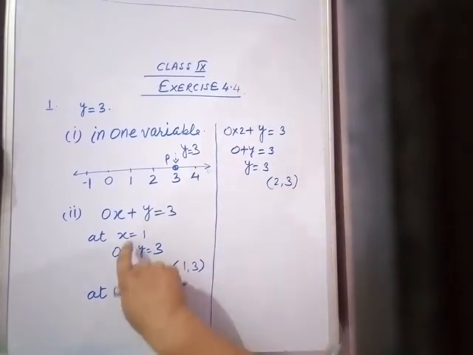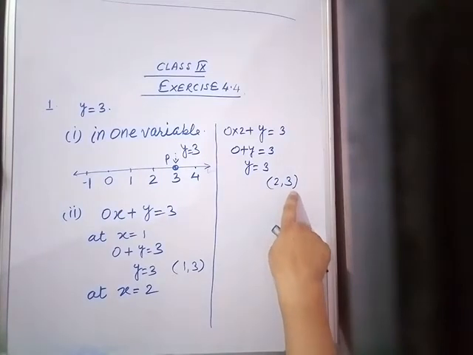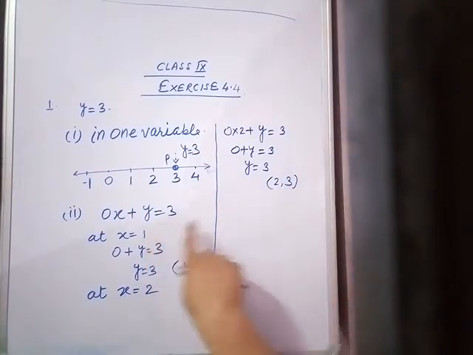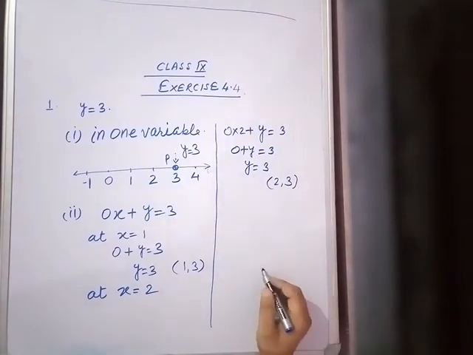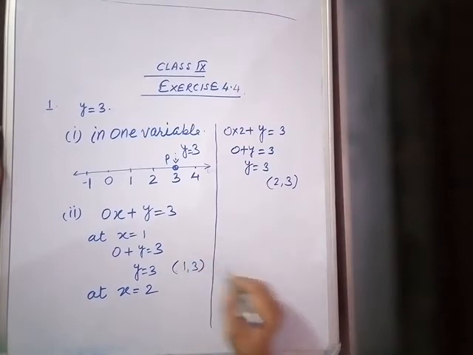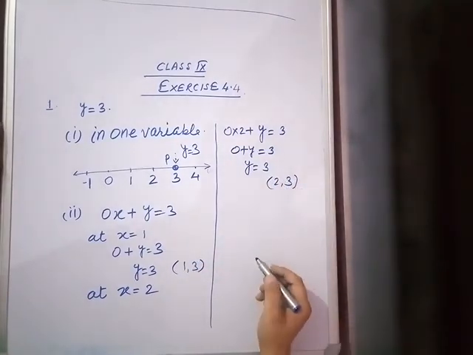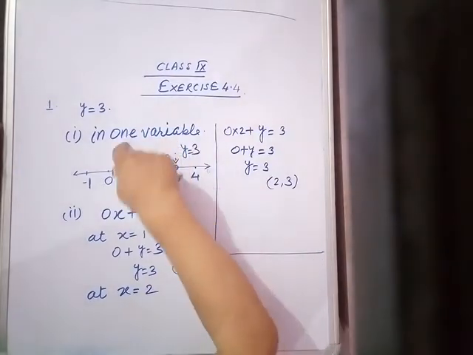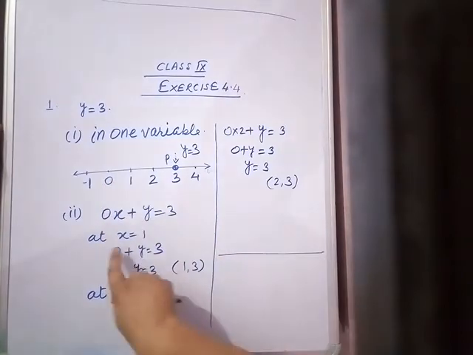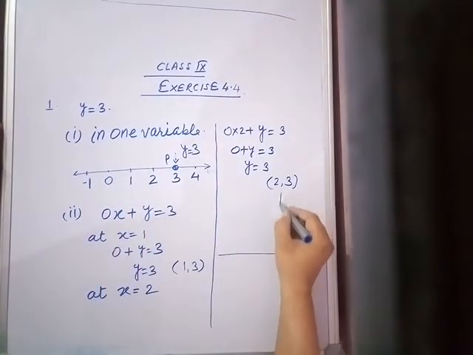For every value of x, either 2, 3, 4, 5 and so on, we get only one value of y, which is 3. Now represent these solutions in two variables, that is in the Cartesian plane. One variable means number line, and two variables means Cartesian plane.